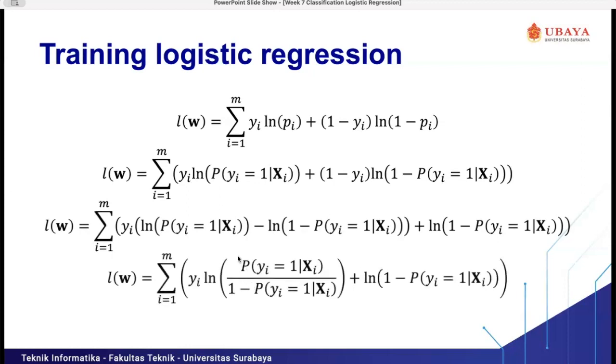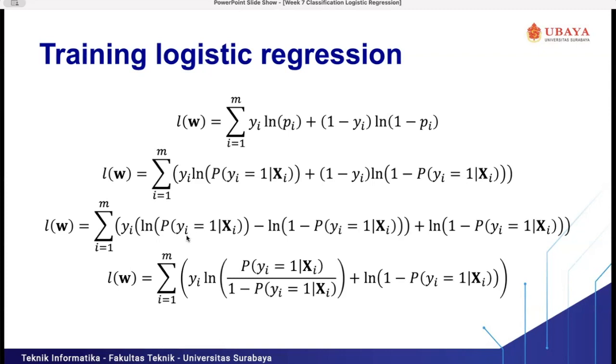Based on the logarithm properties, if we have ln a minus ln b, it will be equal to the natural logarithm of a divided by b.